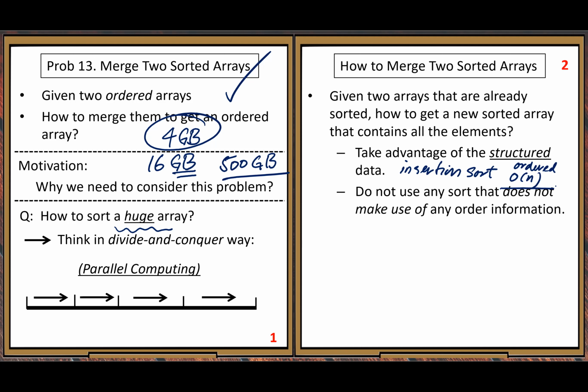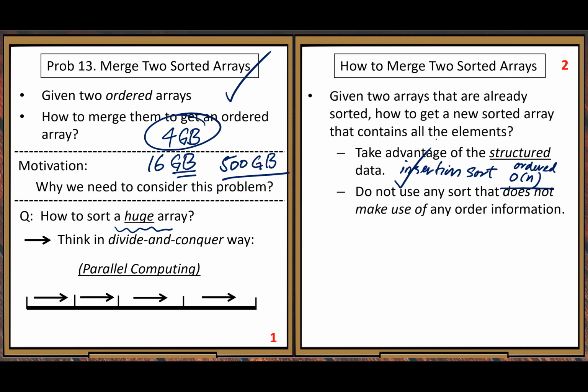If it's not ordered, worst case, big O of n squared. That means the ordered information really helps us to improve the efficiency. We can do much better with ordered data. That means this insertion sort takes advantage of the order information big time. Really big.